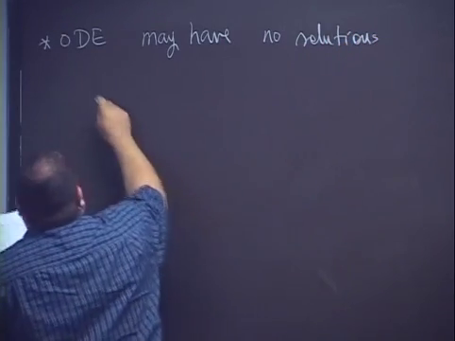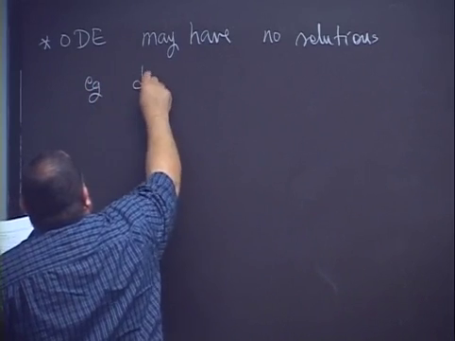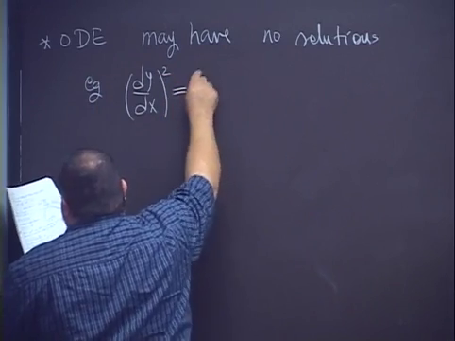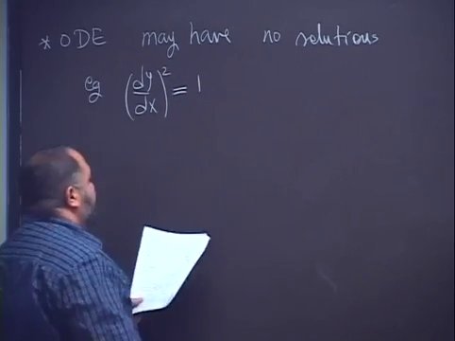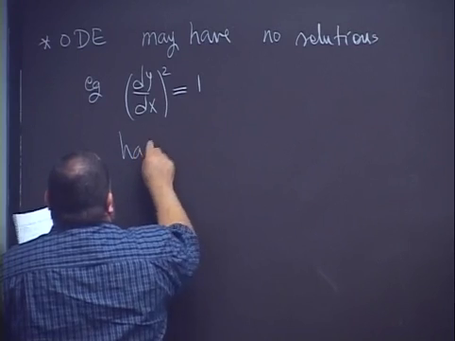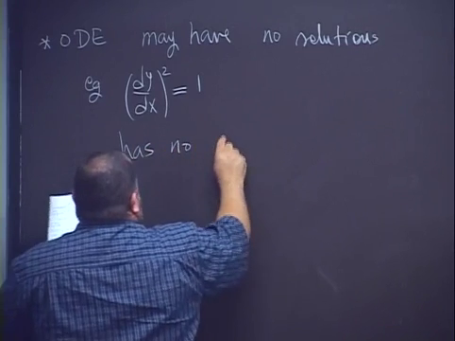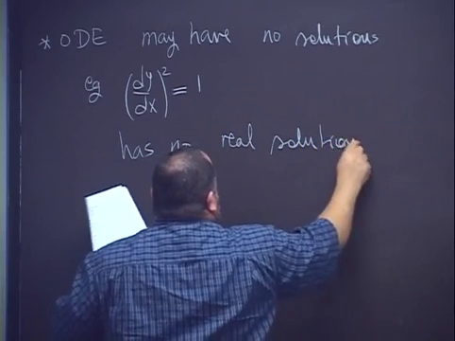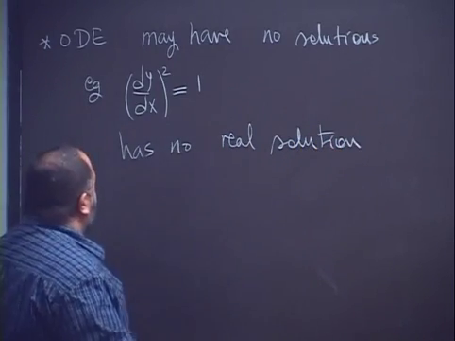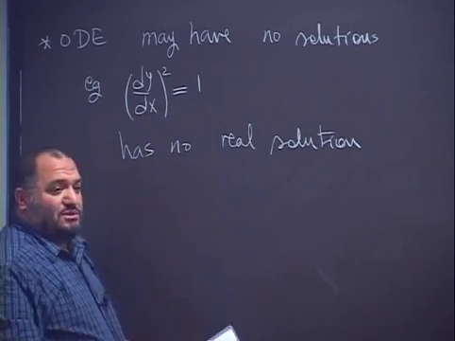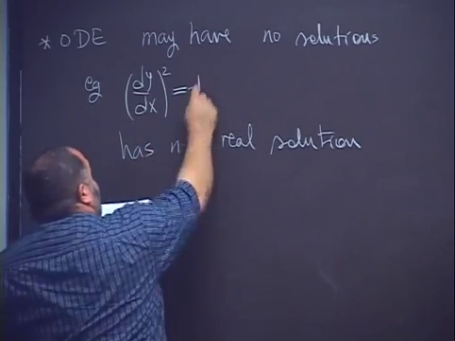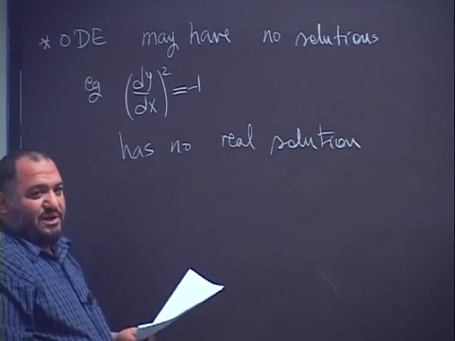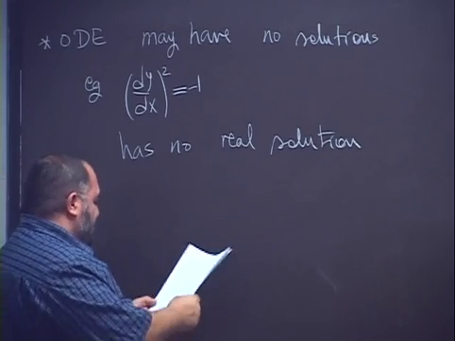For example, the equation (dy/dx)^2 = -1 has no real solution. Because if you take the square root of both sides, you will get dy/dx equal to the square root of -1, which is i, and this is not a real solution.